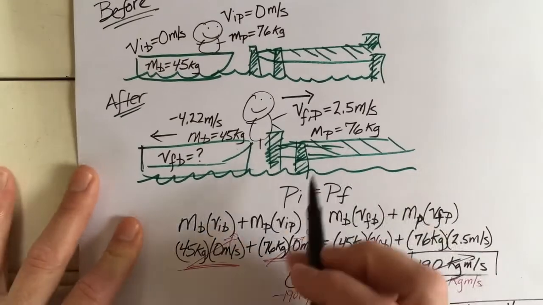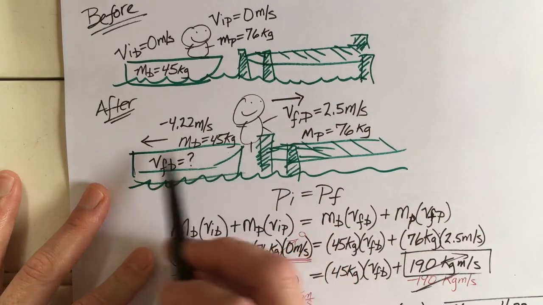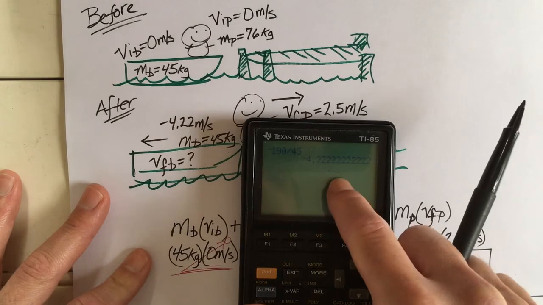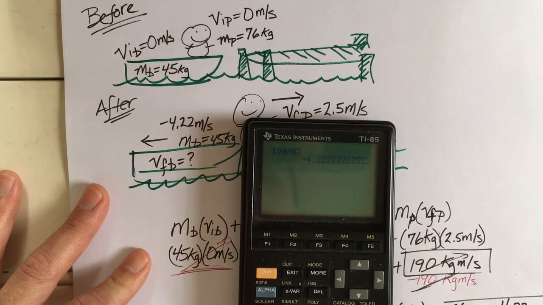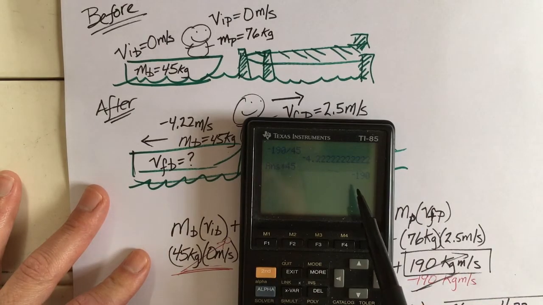So what I'm saying then is that if this is 190 to the right, that this has to be 190 to the left. Is that true that negative 4.222 times 45 is 190? Yeah, you can see it just based on what's already there. Yeah, it is.